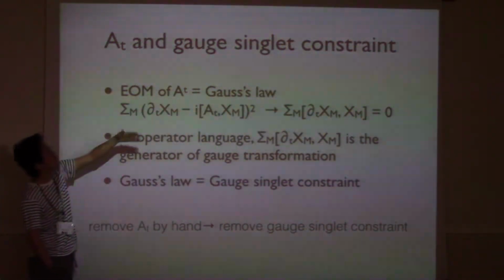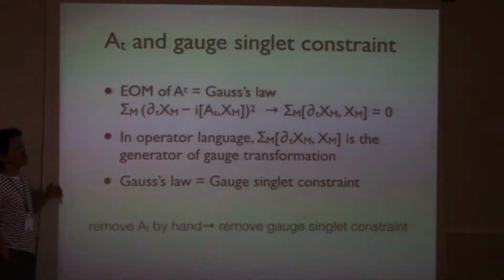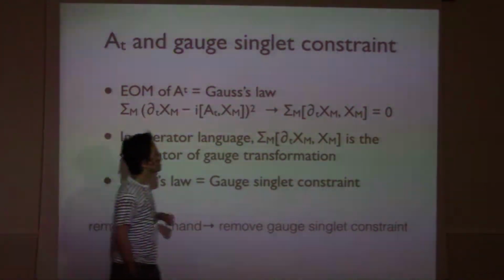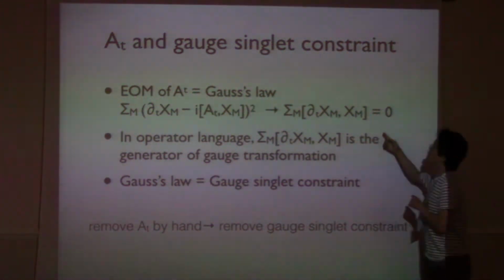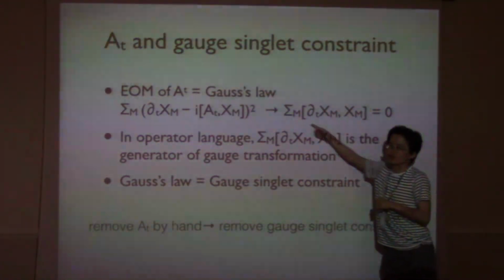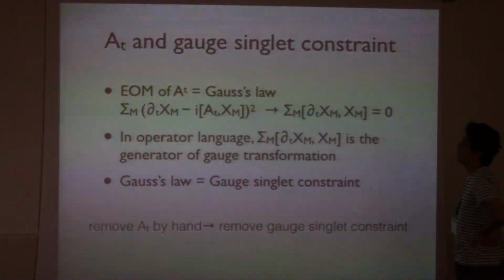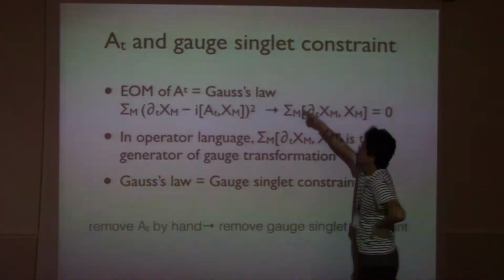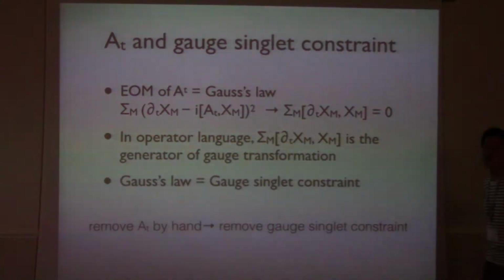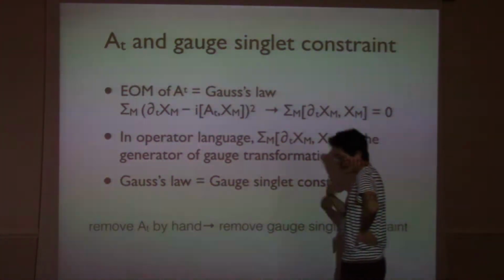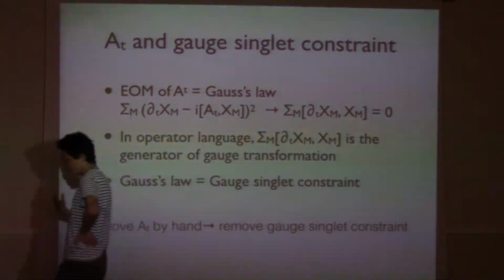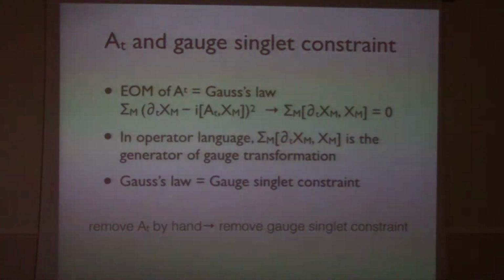If you write down the equation of motion of A_t and set A_t equals 0 as a gauge fixing condition, then you get this Gauss law constraint. In operator language, this combination is a generator of gauge transformations. So this Gauss law constraint, in terms of Hilbert space, means the physical state has to be a gauge singlet.